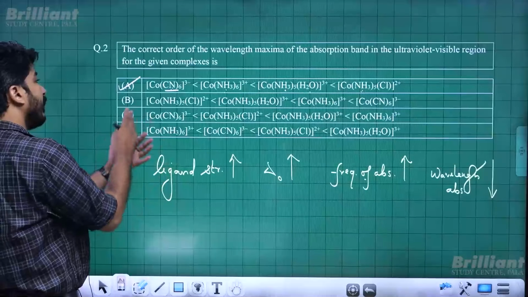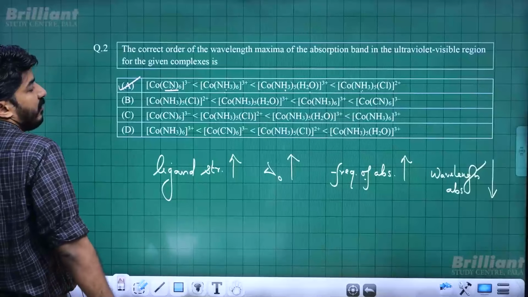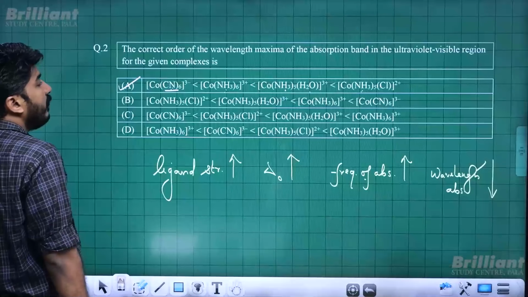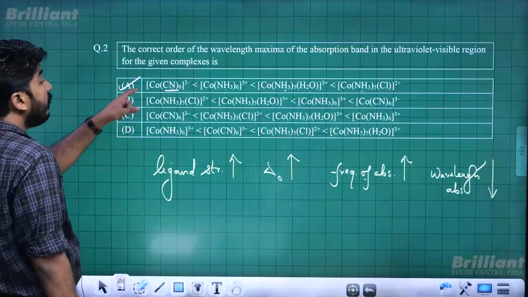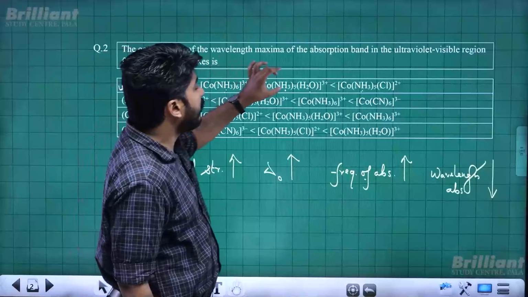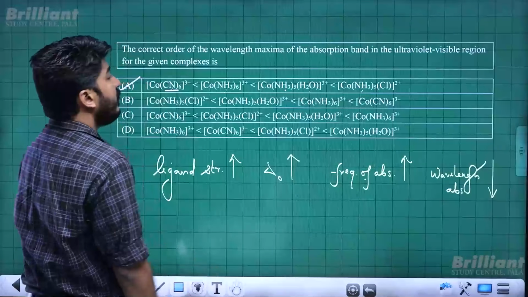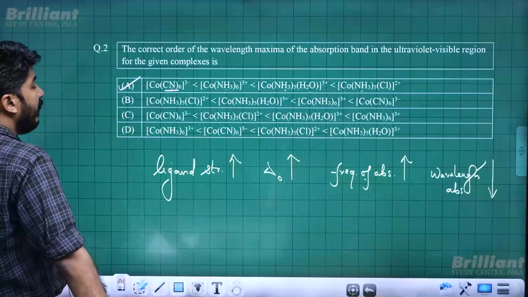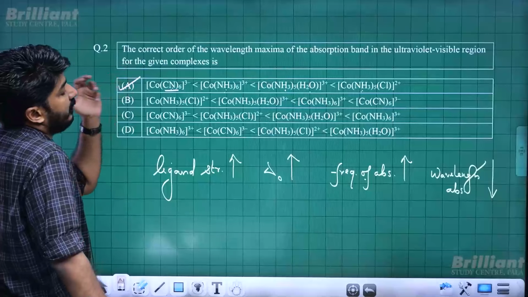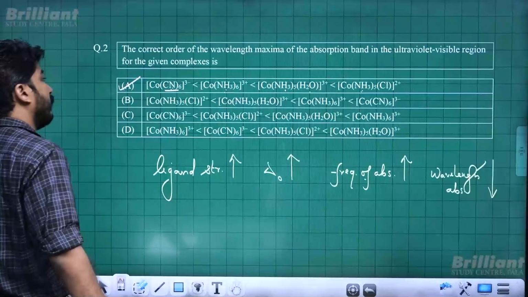So option A is the correct answer here, and this was taken directly from your NCERT book. Here you have to remember that all metals are the same. Cobalt 3 plus is the central atom in all the cases. Therefore ligand strength is the only factor that determines the wavelength of absorption.